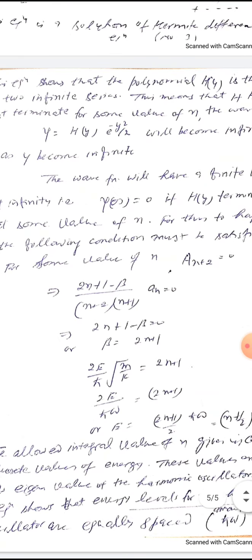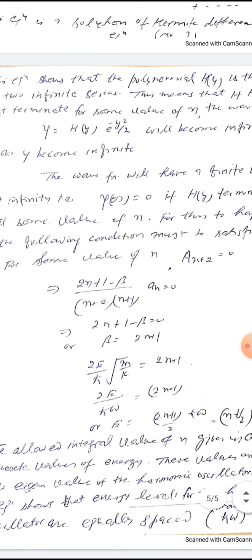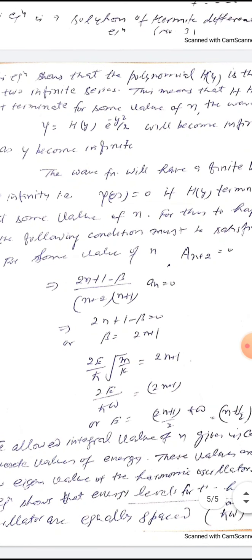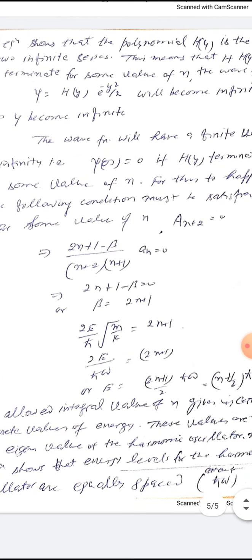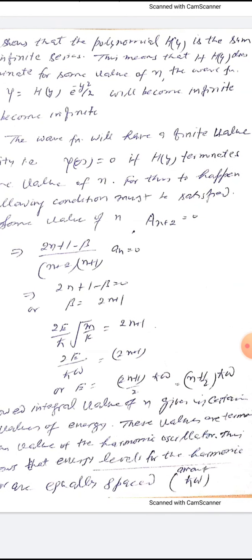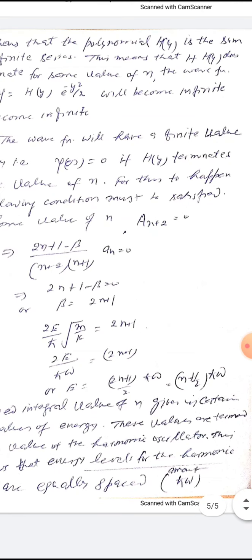This means that if H(y) does not terminate for some value of n, then the wave function, which is psi equals H(y) e to the power minus y square by 2, will become infinite as y becomes infinite, which is not acceptable to us. Therefore, the wave function must have a finite value at infinity.